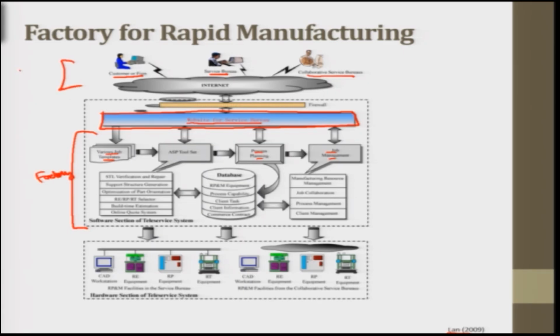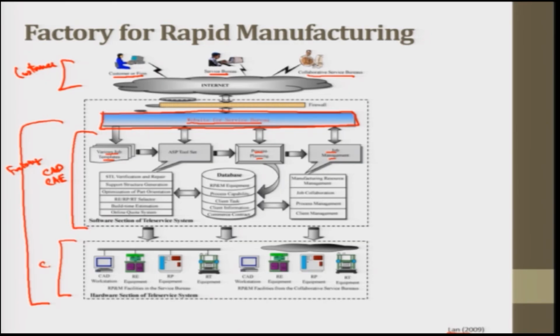So this is the customer. This is again the part of the factory only, and manufacturing. This is actually completely the factory. So here we have CAD, CAE, all those things, and here we have manufacturing.